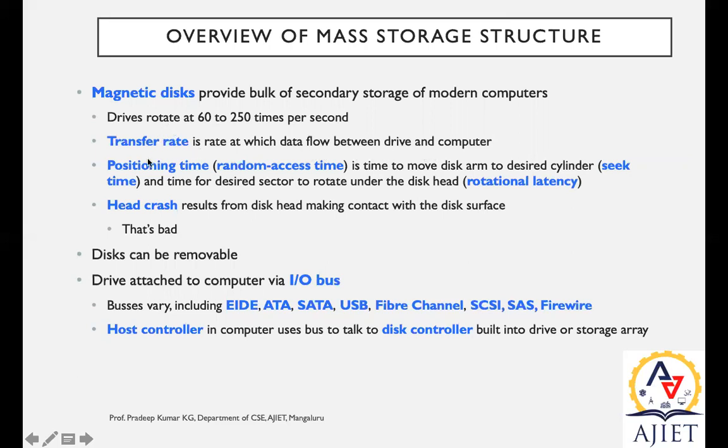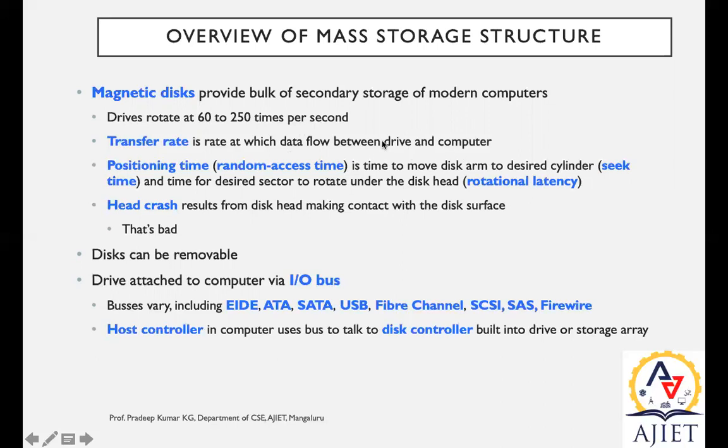So these are a few terminologies that we make use of. One is transfer rate, the other is positioning time. The positioning time is again divided into random access time, seek time, and rotational latency. We are supposed to calculate the access time by using a formula, which we'll see later. The transfer rate is the rate at which data flow takes place between drive and computer.